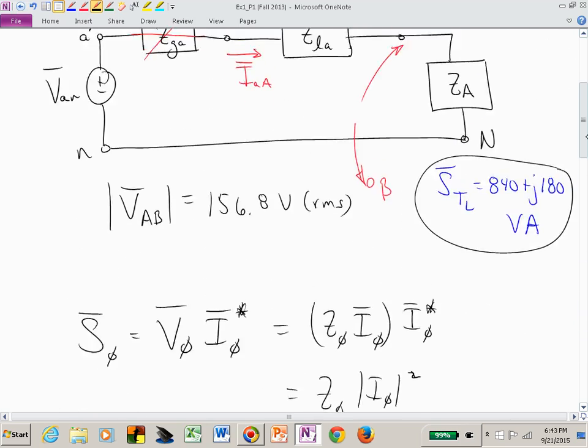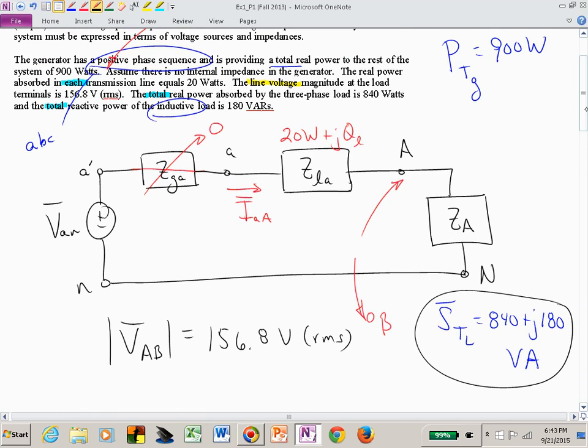Now what do we need? We need to find the transmission line impedance, and we need to find the voltage of our generator.